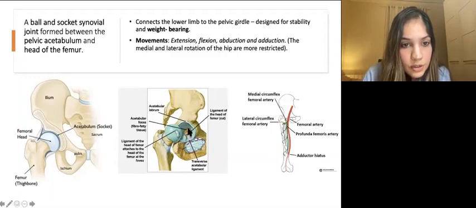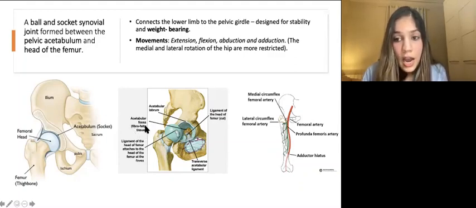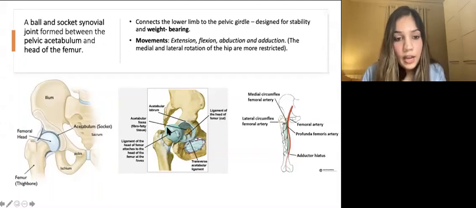There is a central depression here, the acetabular fossa, which is made of fibrofatty tissue, and it basically minimizes the contact stress between the femur and the joint where it meets.